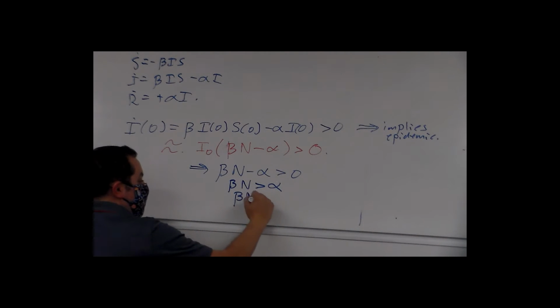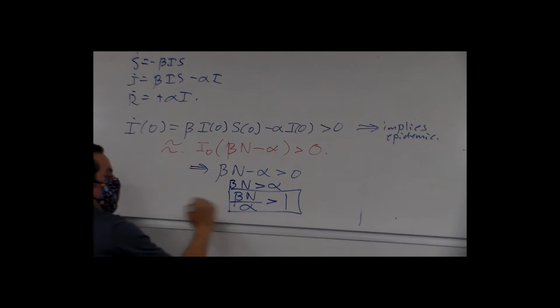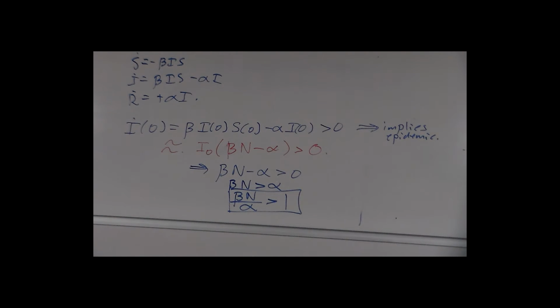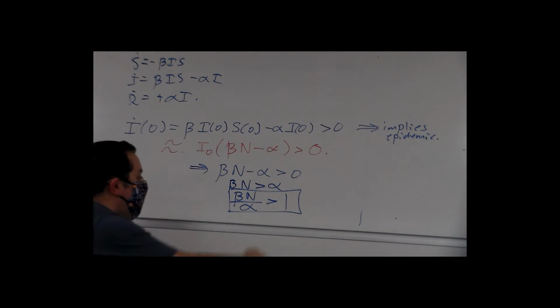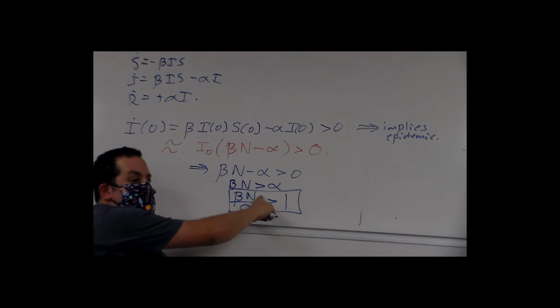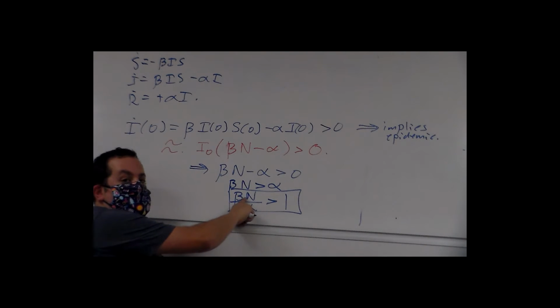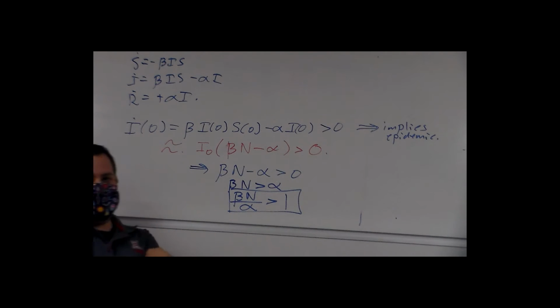Usually in epidemiology, this is written in this form. So that is the condition for an epidemic. It does take into account the population size, the force of infection, and the recovery time. Is this okay?